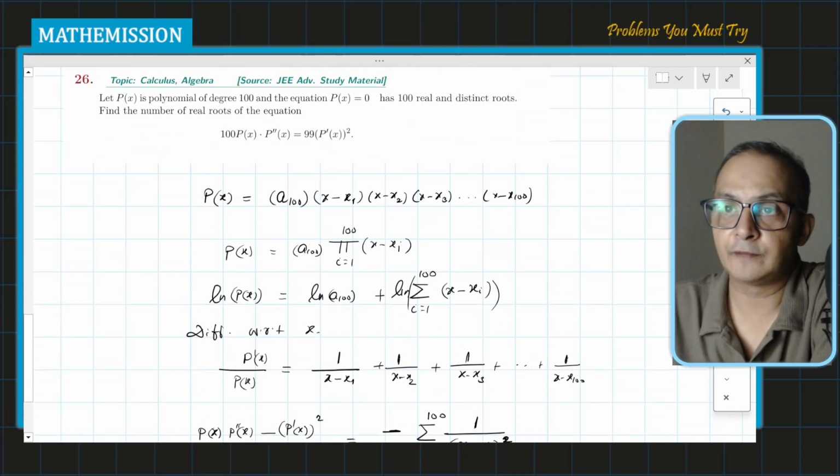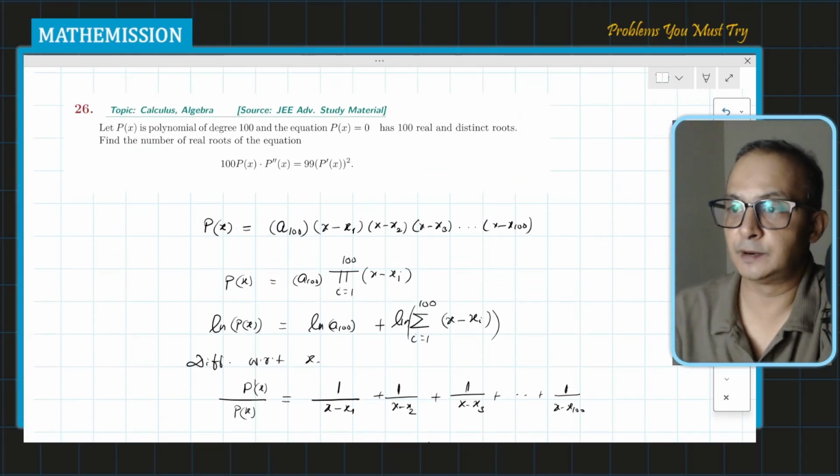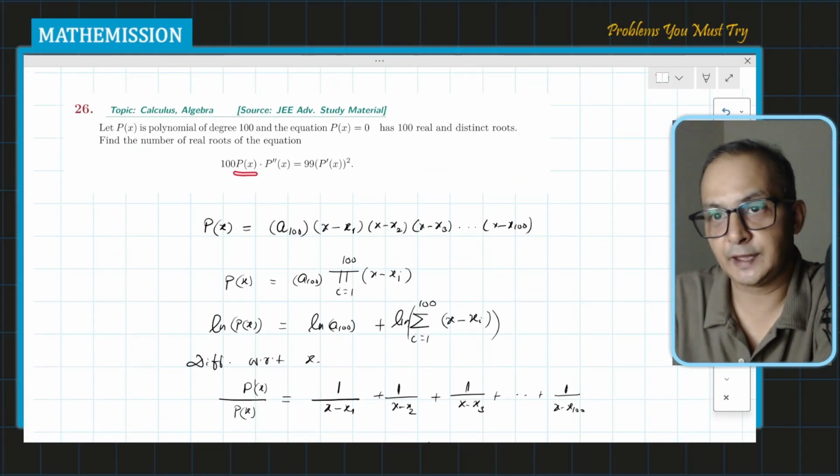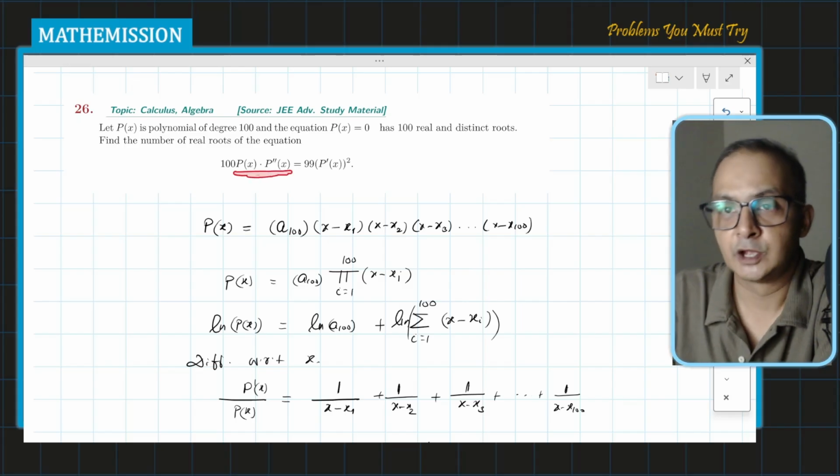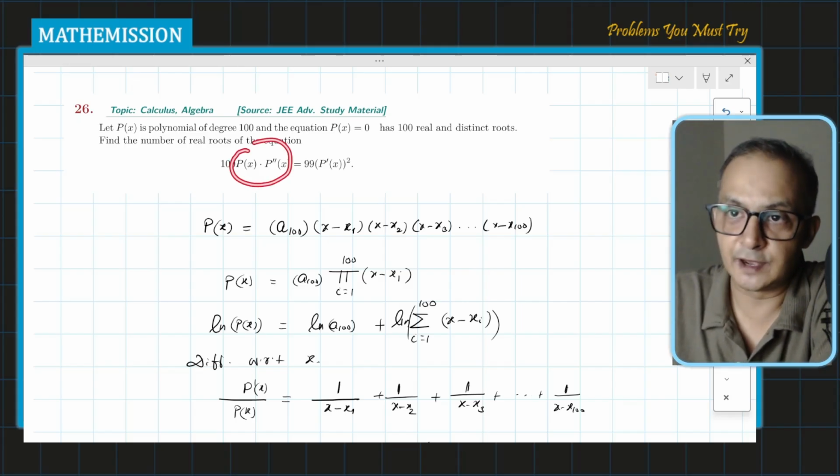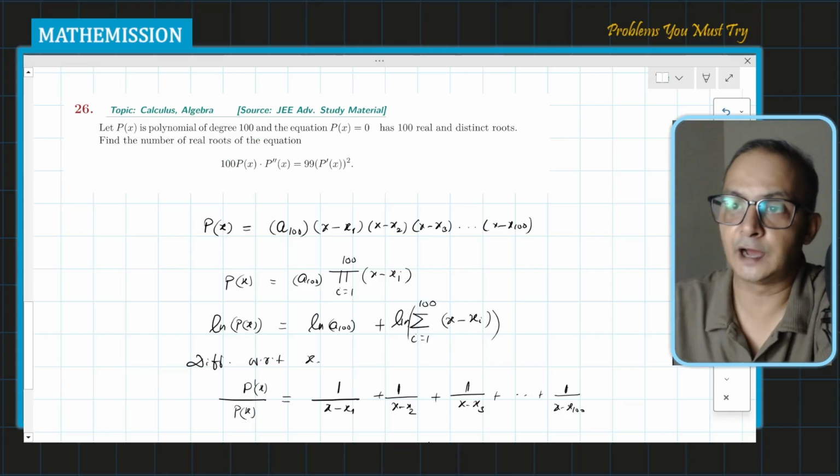Alright, now we have the value of p(x) into p double dash x, isn't it? So we are going to substitute this value from here in our expression.